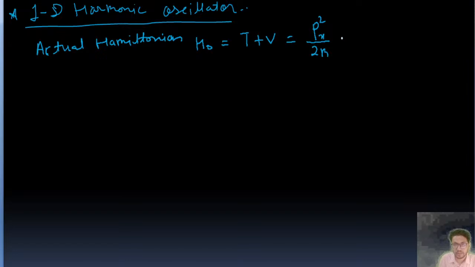We are talking about 1D, right? This is the actual Hamiltonian of the harmonic oscillator. Now we'll perturb that harmonic oscillator and then we'll see the effect, and find out the first order correction in energy and wave function, and the second order correction in energy.